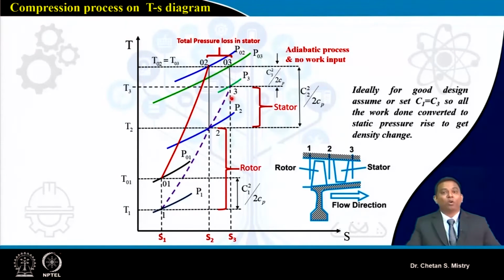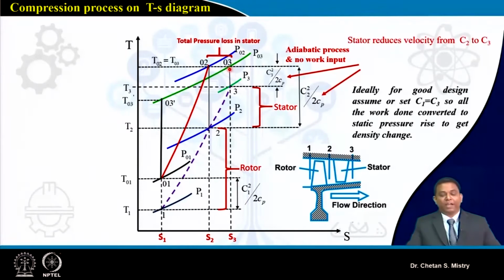Now, as I told, we are more interested in total properties. So if you look carefully here, station 01 to 03 dash is representing my isentropic process. And if I join 01 to 03, that is representing my actual process that's happening in my stage.